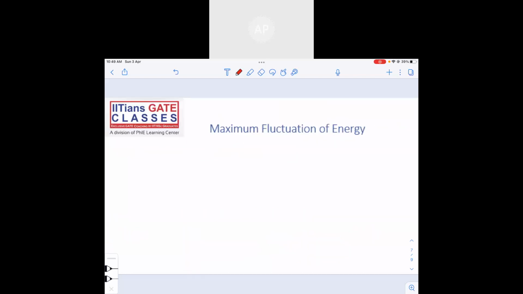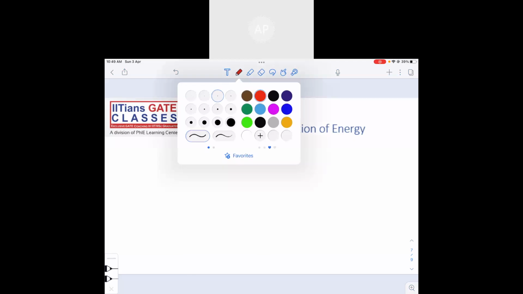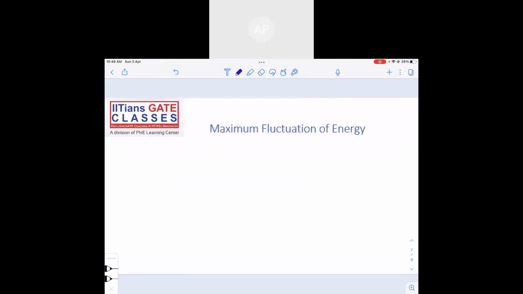Now, there is a term called maximum fluctuation of energy. What is the maximum fluctuation of energy given as? If I'm calling it fluctuation, that will be delta E max. Fluctuation means change.